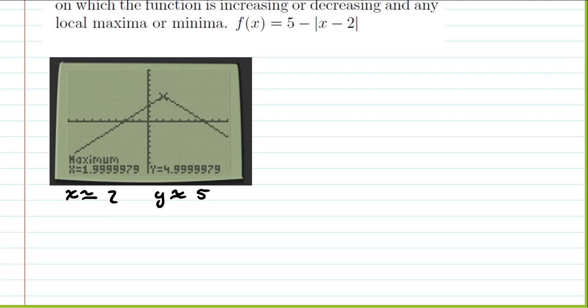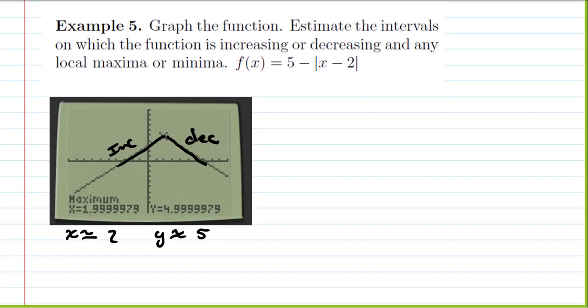And our graph changes from increasing to decreasing at that point. So our intervals of increasing are going to be from here to here, and our intervals of decreasing are going to be from that maximum here. So we have our ordered pair is 2, 5.